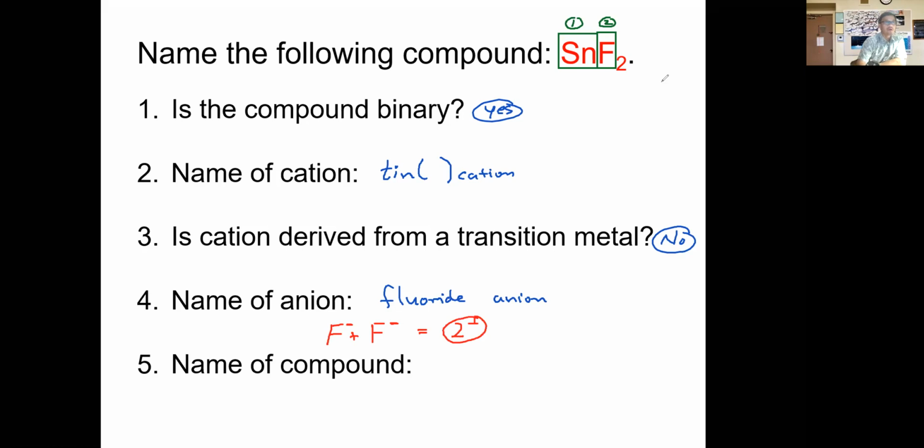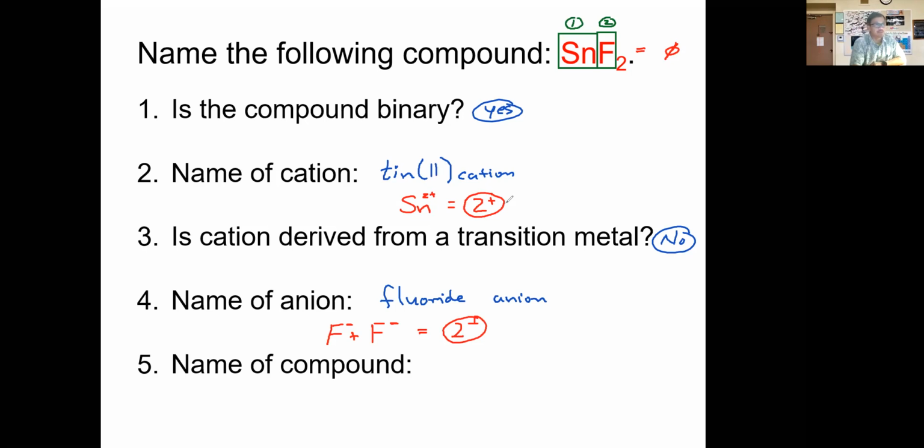We know that all ionic compounds have to have a net charge of 0. Therefore, there's only one tin ion, and it must have a charge of 2 plus. So that's how we can determine the charge on that particular tin atom, and thus the Roman numeral that we need to include in its name.